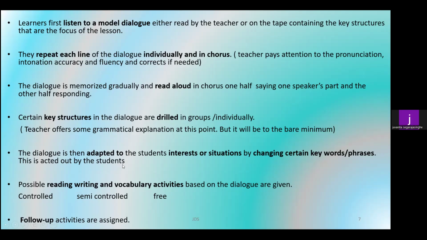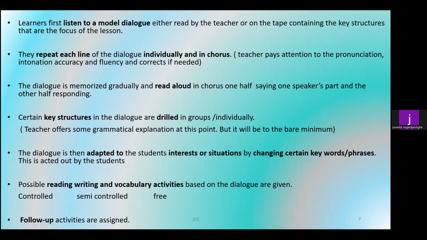If the learners are really clever ones, then you can introduce a similar situation and elicit the same kind of structures that they can use in that situation. If they are average or below average, then you can just skip this fifth bullet and go ahead with the practice stage. Reading, writing, vocabulary activities based on the dialogue.